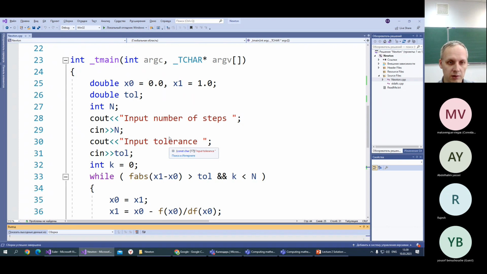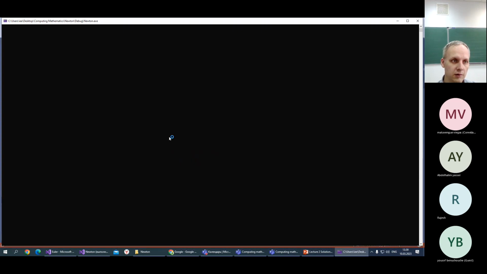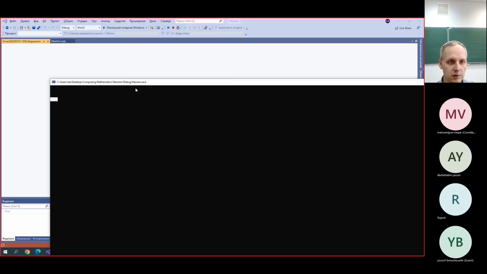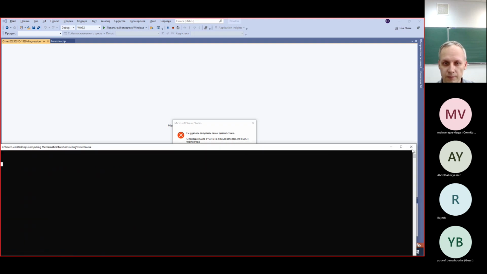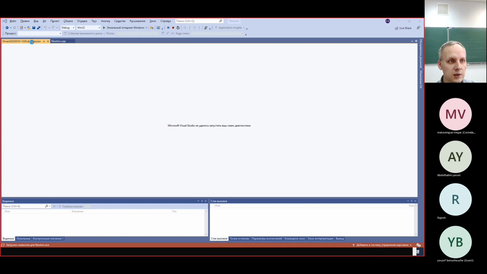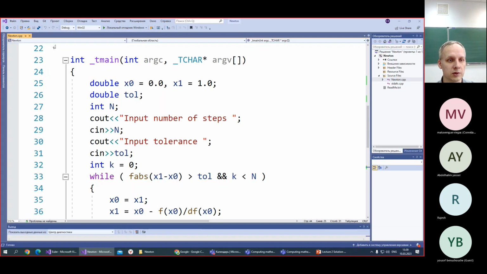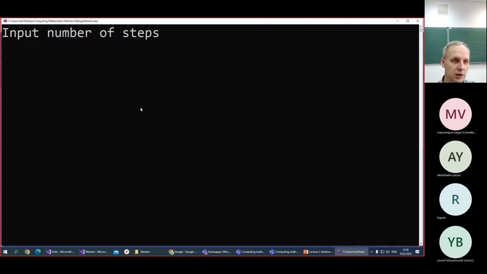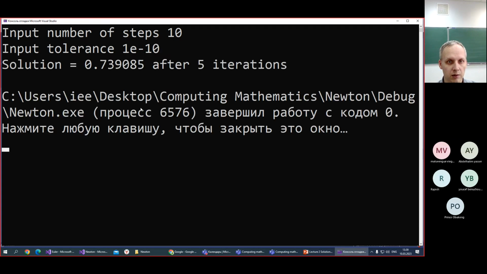Suppose that we increase the precision of the tolerance. Increase means decrease. So, what happens? Some problem with Visual Studio. Let me run it again. Number of steps 10, input tolerance 10 power minus 10. 5 iterations is enough to solve the problem.